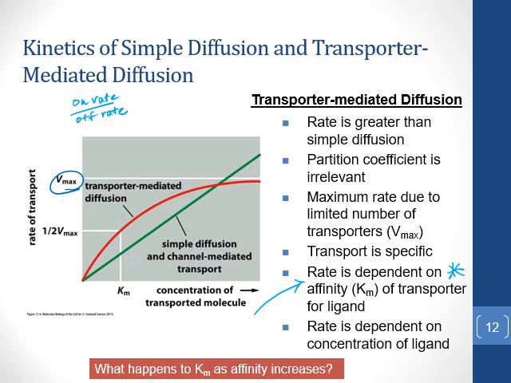The affinity is the concentration at which you get half maximal transport. Now let's think about that for just a second.